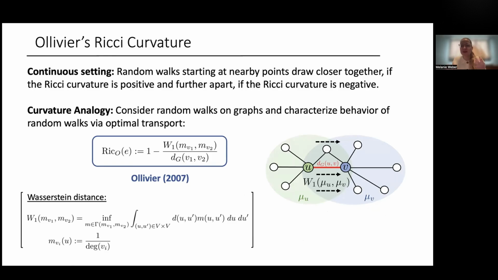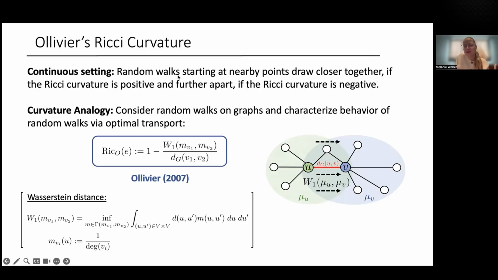The property that we want to mimic in the discrete setting in Olivier's notion is to look at the behavior of random walks on a manifold or on a graph. In the continuous setting, why is this a good property to look at? Because there's a nice characterization of that behavior in terms of the Ricci curvature.